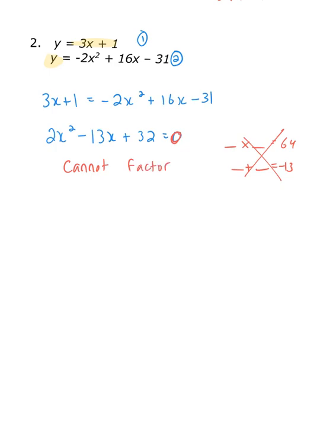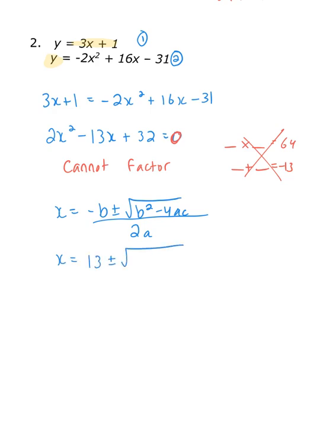So then to try to solve, what you would have to use is the quadratic formula, which you should have memorized by now. And then you substitute in: your b value is negative 13, your a value is 2, and your c value is 32.